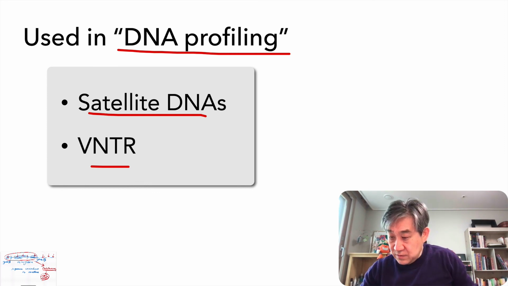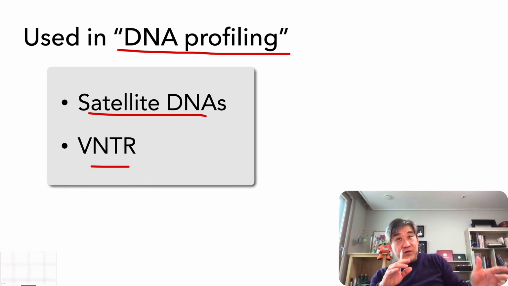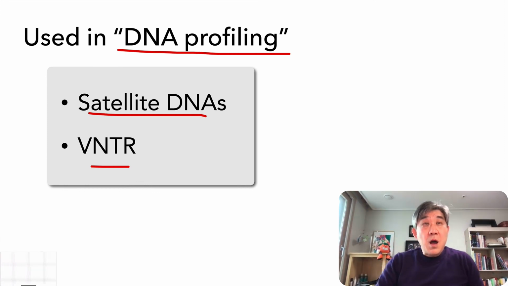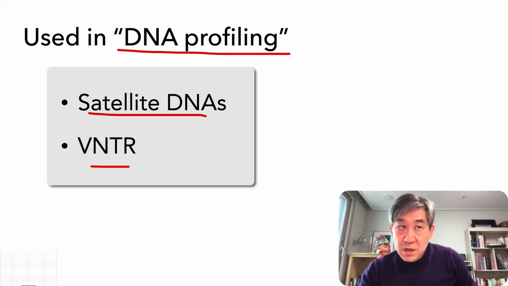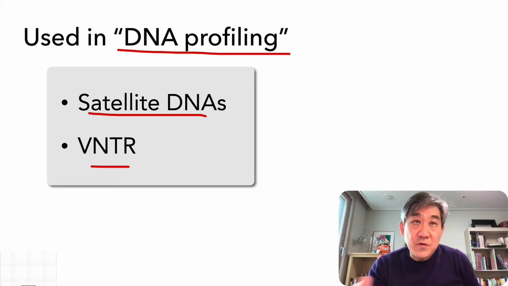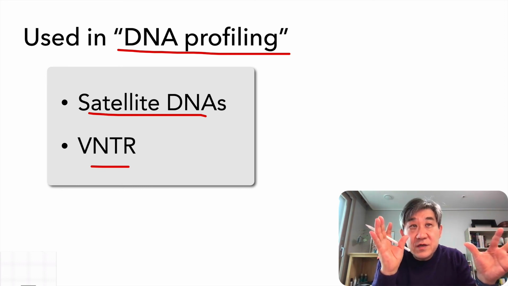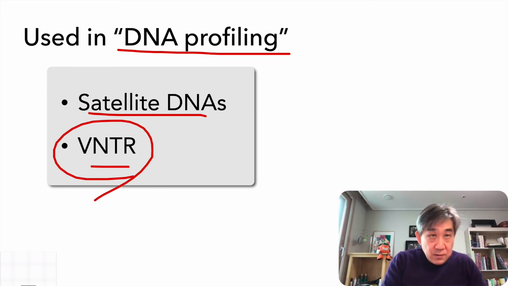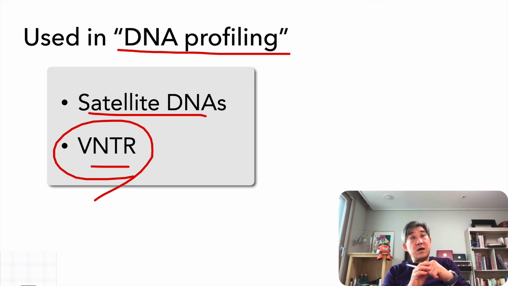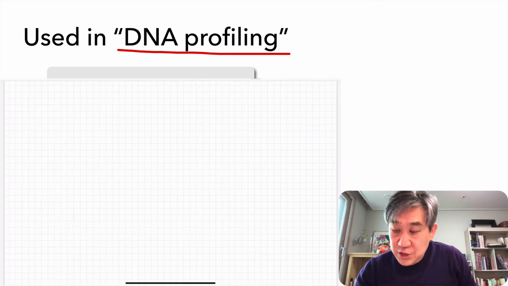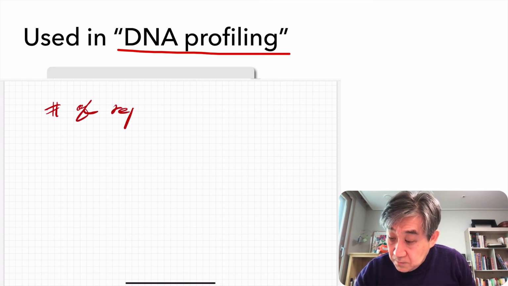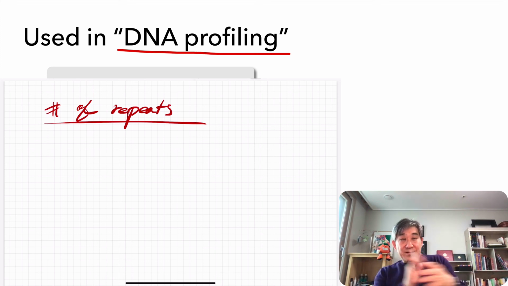Another interesting aspect about this variation is that it not only comes in the form of actual DNA sequence variation, but especially in the VNTR, it is achieved through the number of repeats. What varies in different individuals is the number of repeats.